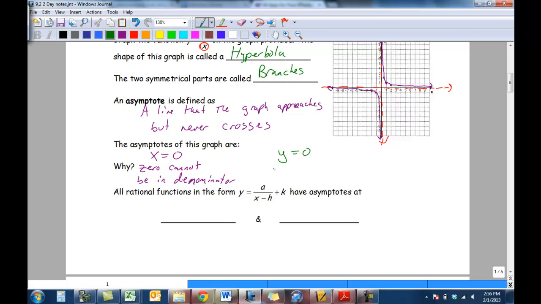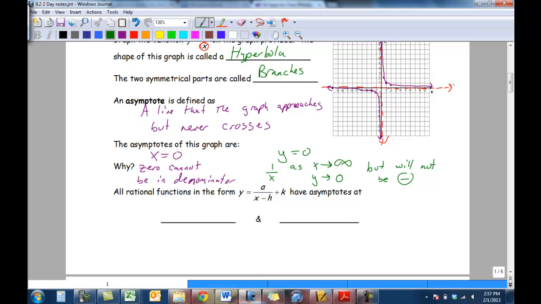Why is that one? Because 1 divided by x, as x approaches infinity, y approaches 0, but will never be negative. Right? Now, even here, when it's negative, it approaches 0, but will never cross into the positive zone. All right? As x approaches infinity, y approaches 0, but will never cross it.